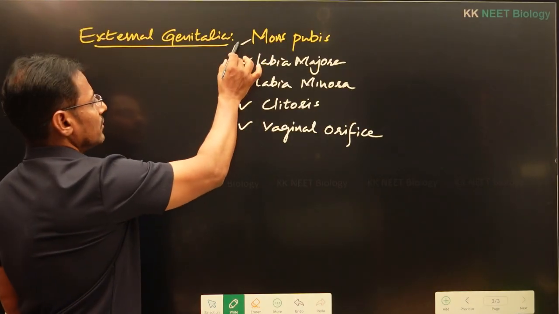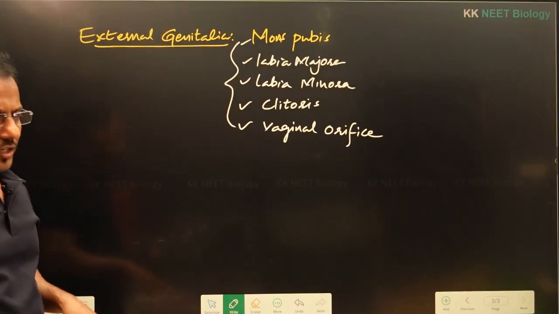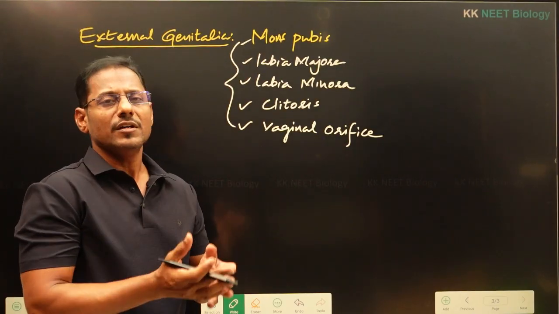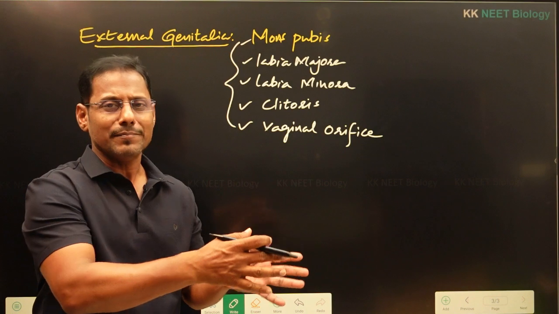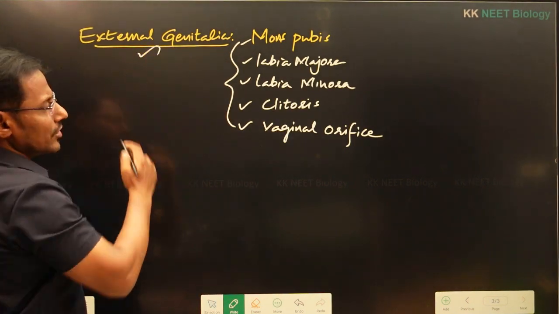Okay, these are the different parts present in the external genitalia. External genitalia means the parts which we can see, which appear on the outside. These parts are known as external genitalia.